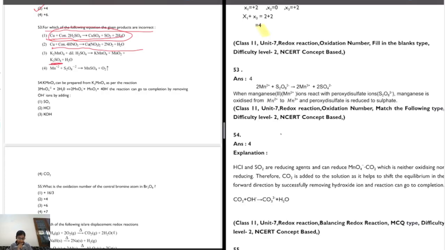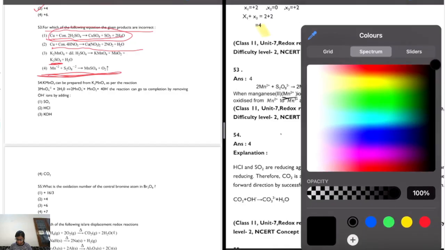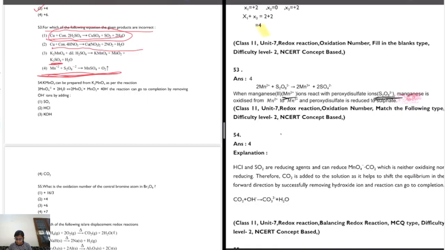But the problem in reaction 4 is that the product is totally wrong. All right. Because when Mn2 plus reacts with S2O8 2 negative, then this S2O8 2 negative will be reduced to SO4 2 negative.